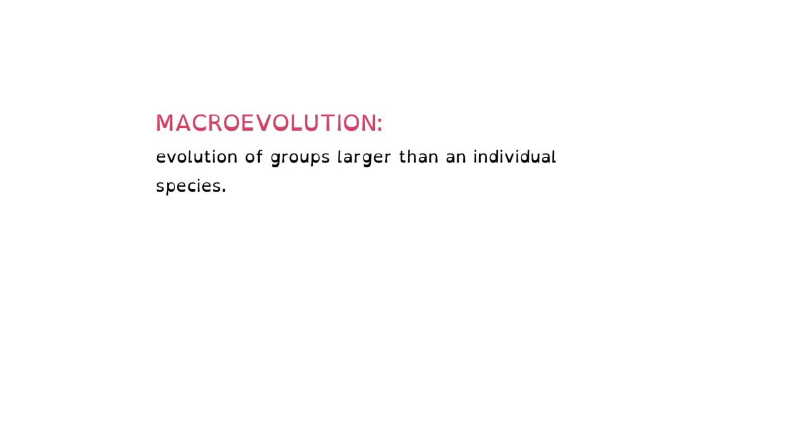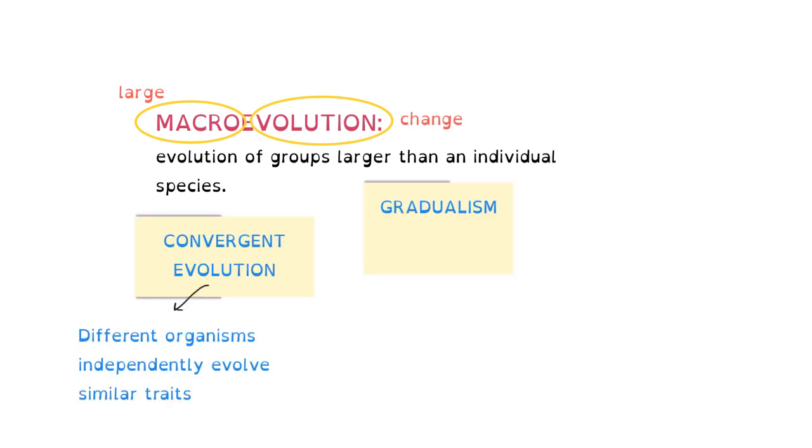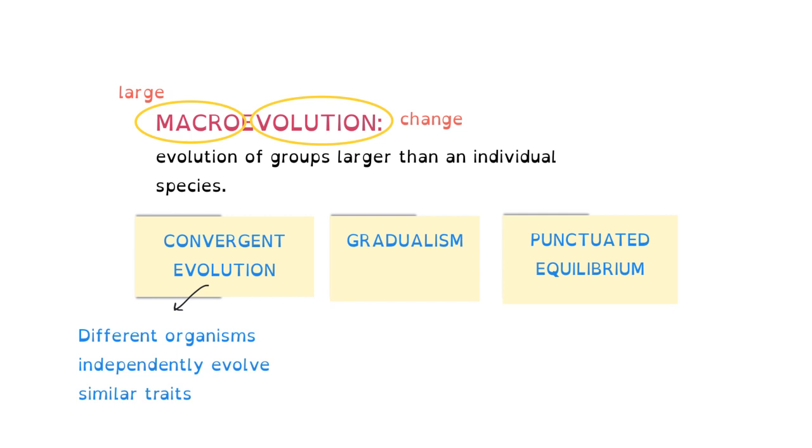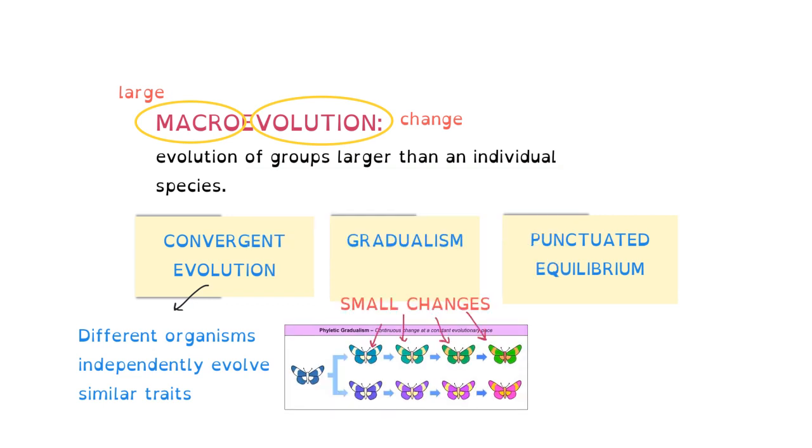So, macroevolution is the evolution of groups larger than an individual species. Macro means large, and evolution means gradual change. Macroevolution patterns include convergent evolution, gradualism and punctuated equilibrium. In gradualism, a species evolved slowly, little by little.